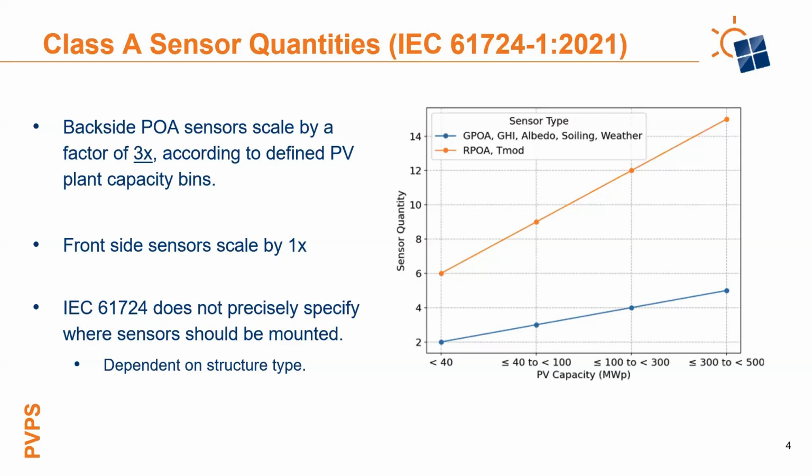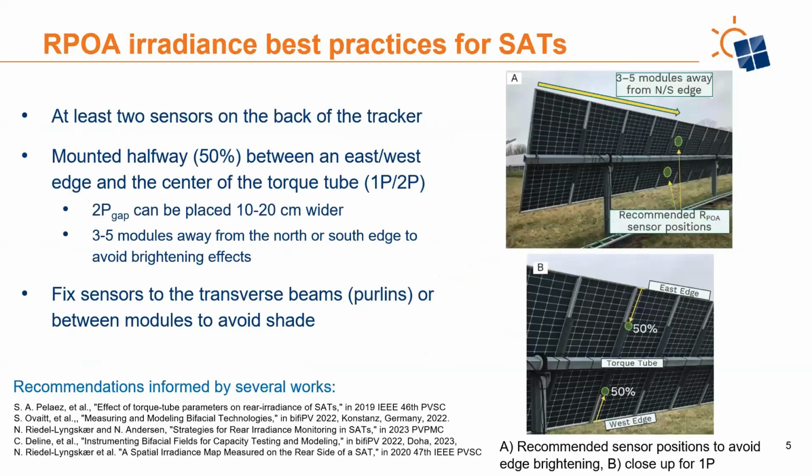So the standard tells us what kind of sensors we need, how many you should have, but it doesn't say exactly where you should be placing these sensors. And it's not really the standard's job to do this, because it would be really difficult to provide general guidance on how to mount sensors for every structure type. But since we're going into the details of tracker systems, then we have a chance at providing some pretty specific guidance.